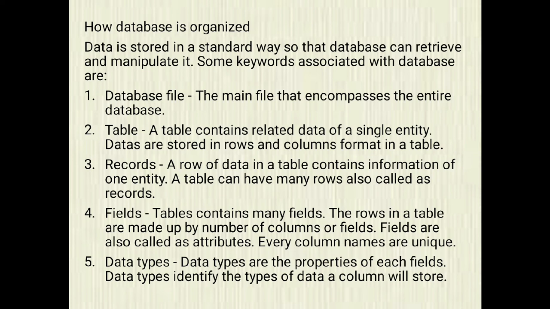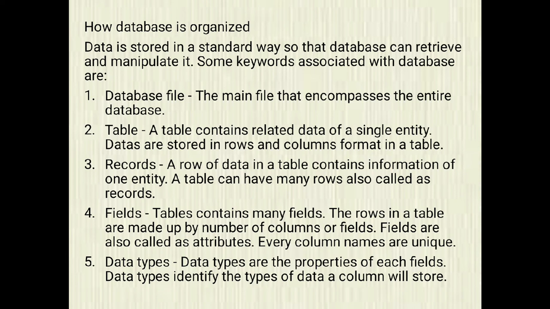The field is actually the column name, that is the roll number. In C++, these fields or attributes are referred to as variables, but here they are called fields or attributes.